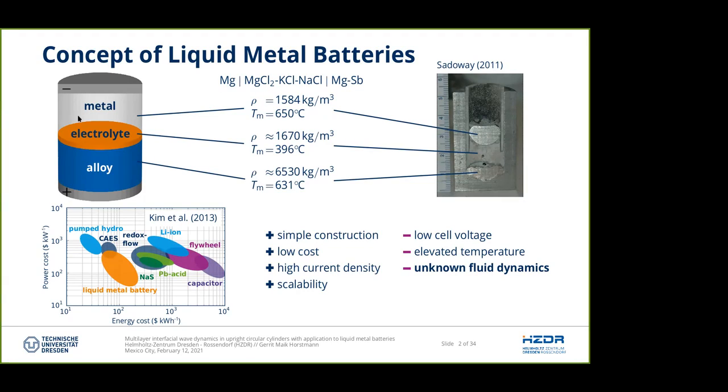Because on the one hand, liquid-liquid interfaces allow for very high current densities. And the liquid interior naturally protects the battery from structural degradation mechanisms we know from solid batteries, which allows a long lifetime. Also an important point.